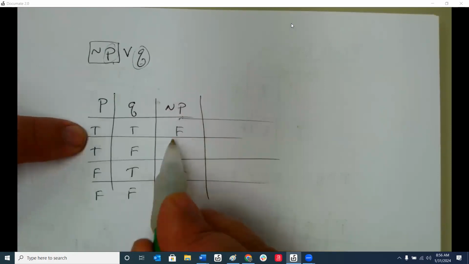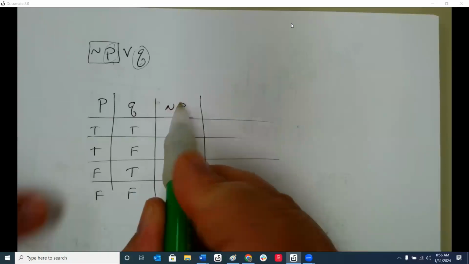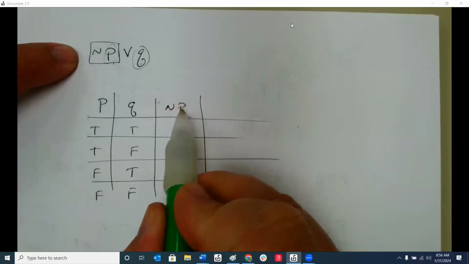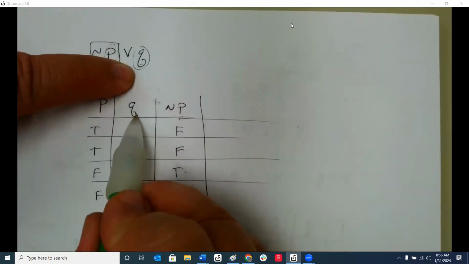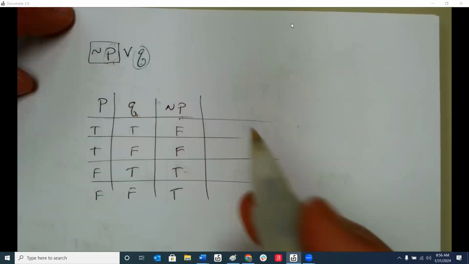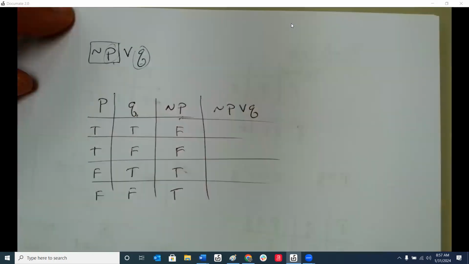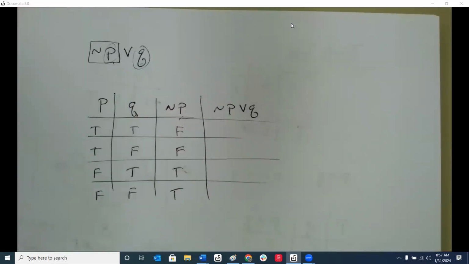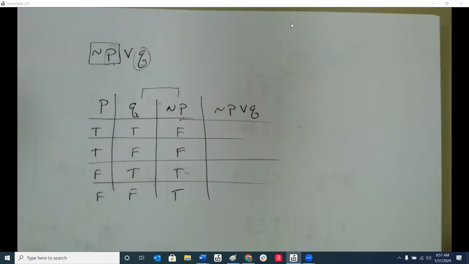This would be false, false, true, true. That's the not P, right? We have the Q that's already there. So now we can put them together. So we look at now these two columns.